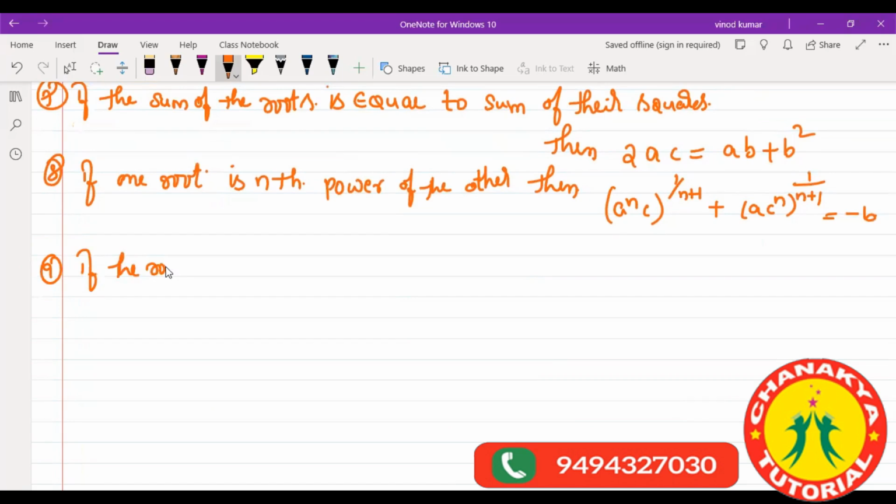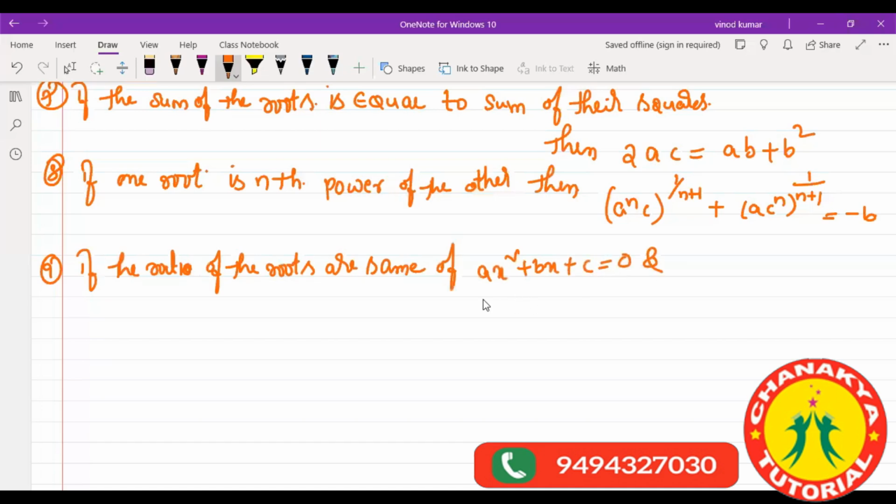If the ratio of the roots are the same for two equations, one is ax square plus bx plus c equal to 0, and px square plus qx plus r equal to 0.